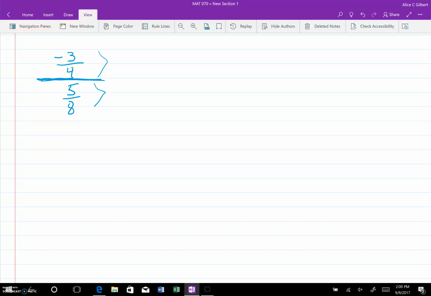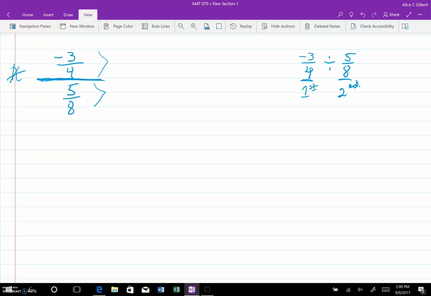You may not be used to seeing it this way, but in algebra, and as you get in higher and higher math, this is mostly the only way that we write it. It's the exact same as if you were writing it like this, divided by 5/8. Okay, the top one is our first one, and the bottom one is our second one.